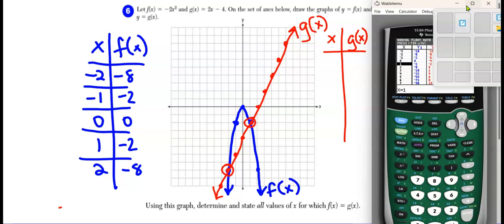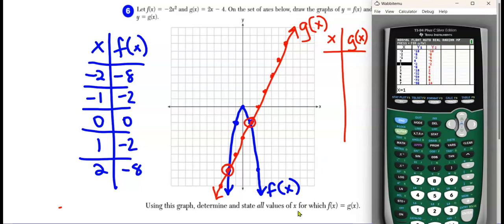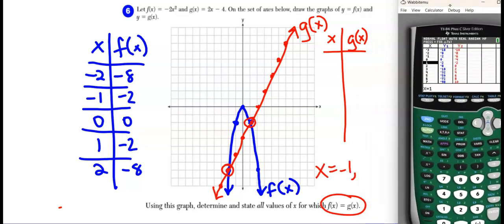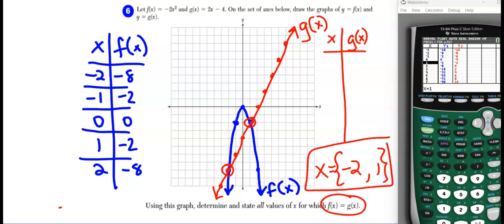Okay, so that means my x values for which the two functions are equal are negative 1 and positive 1. No, I'm sorry, negative 2. Negative 2 and positive 1. You could put little squiggly braces here if you'd like, but that's what they're asking for. Only the x values.